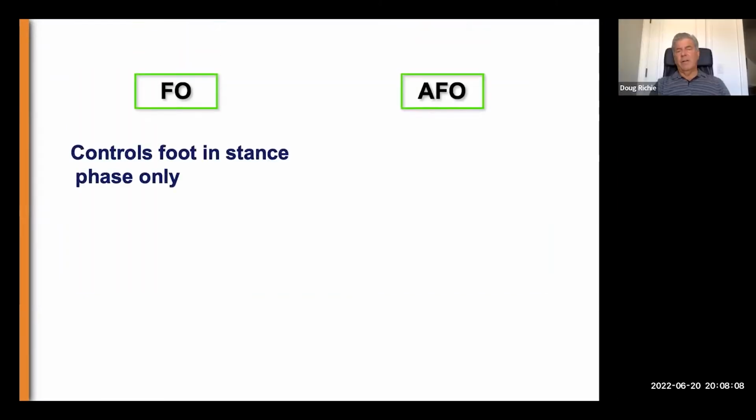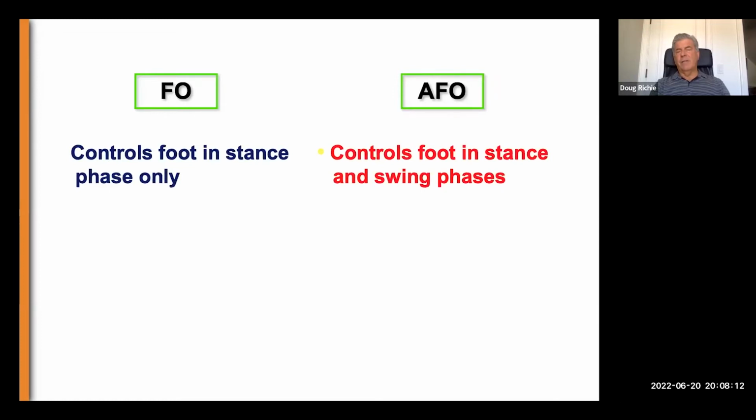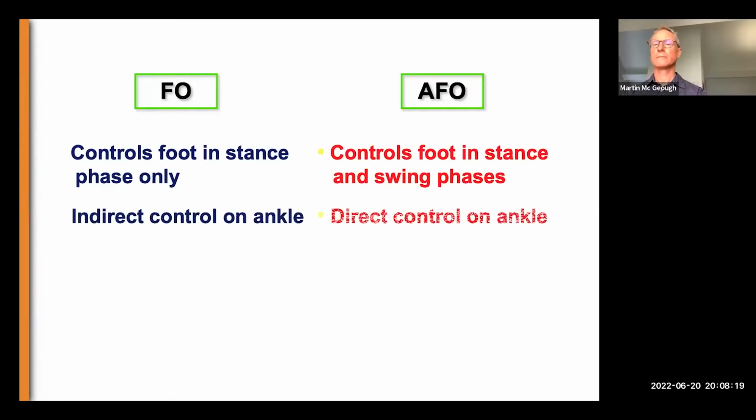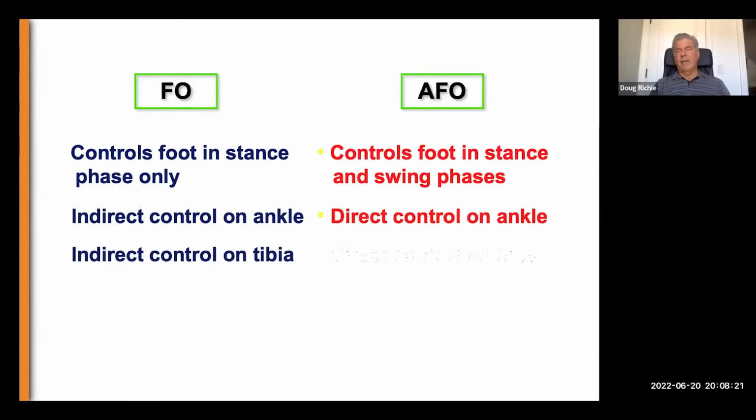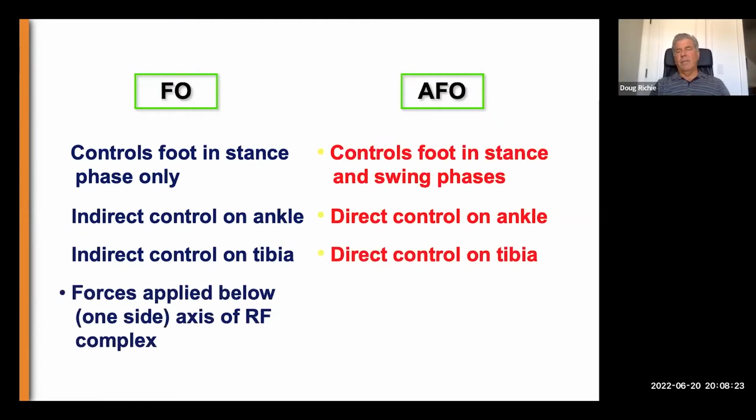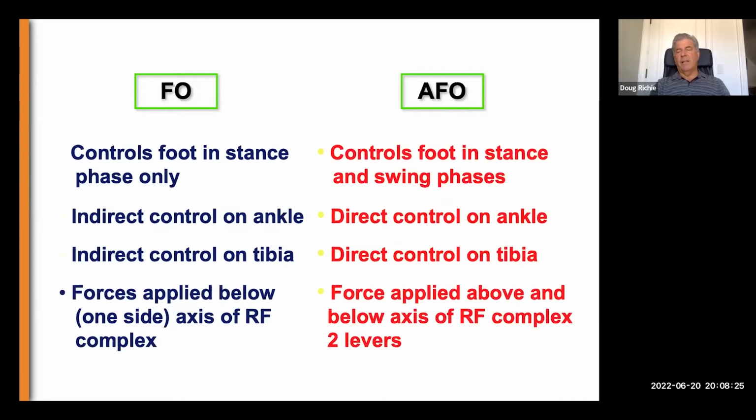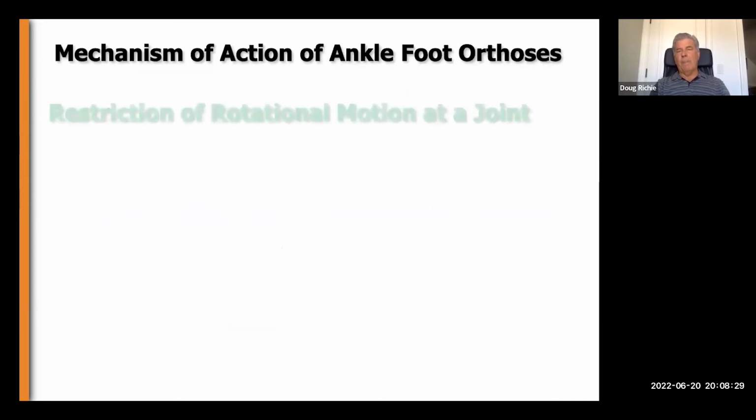In comparison, foot orthoses really act during the stance phase of gait only. What's profound about AFOs is that we can now bring them into effect during swing phase. We can directly control the ankle and the tibia, and we do so by applying forces above and below the ankle and rear foot complex.